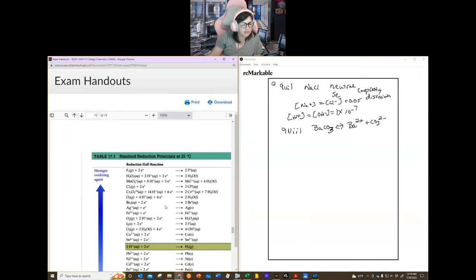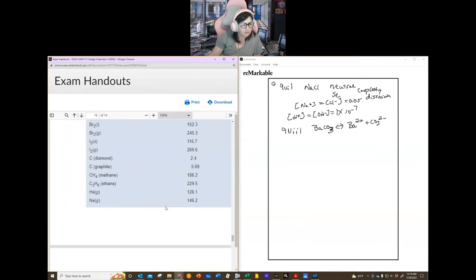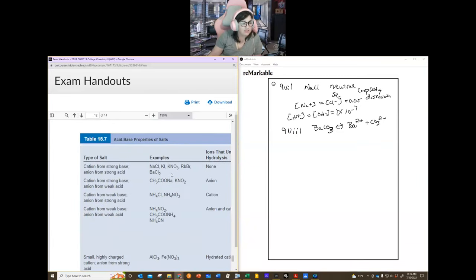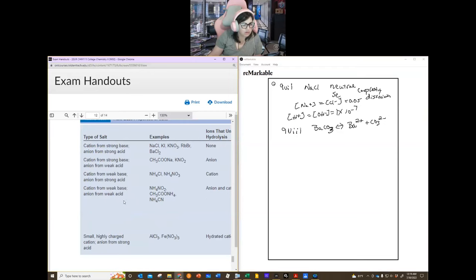And so let me go take a look at this one table that I vaguely remember. Acid-base properties of salts. So one of the things that's on here, no, actually it's not on here, but it should be.